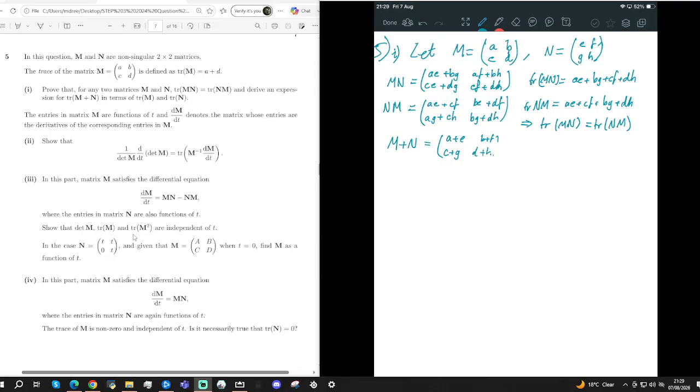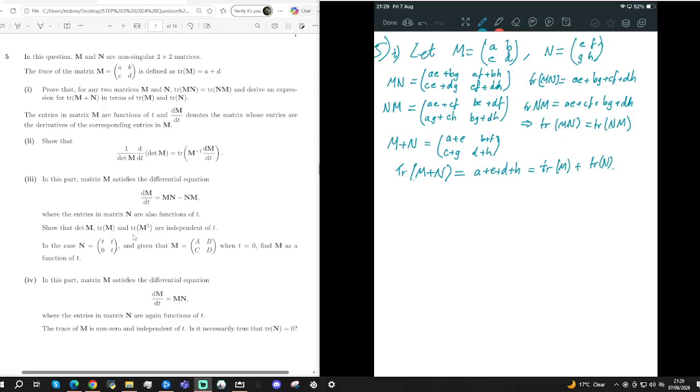So therefore, apologies, the trace of M plus N is A plus E plus D plus H, but A plus D was the trace of M, and E plus H was the trace of N.